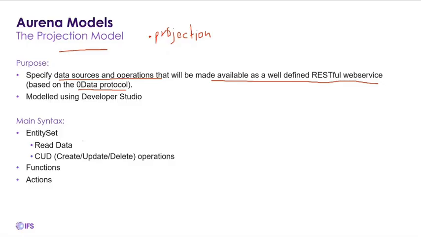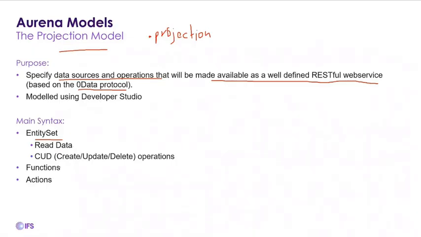Okay. So when we look into the main syntaxes, now you know what an entity set is. An entity set is created in order to expose an entity. When we are working with an entity set, there are operations we can do: create, delete, update, and also read data.